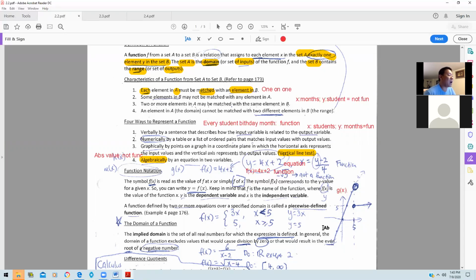So if you want to graph it, at 5 here, this is 5. The line that goes on this side is 3x. Usually when you draw y equals 3x, the line goes all the way like that, but we do not take anything above 5 because its domain specifically says it should be less than 5.